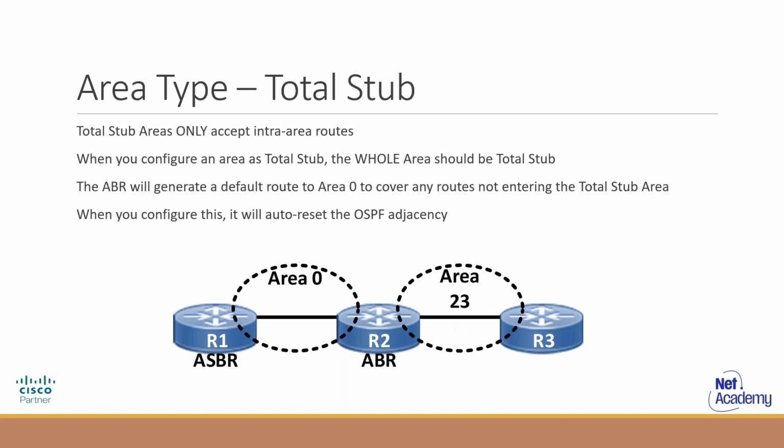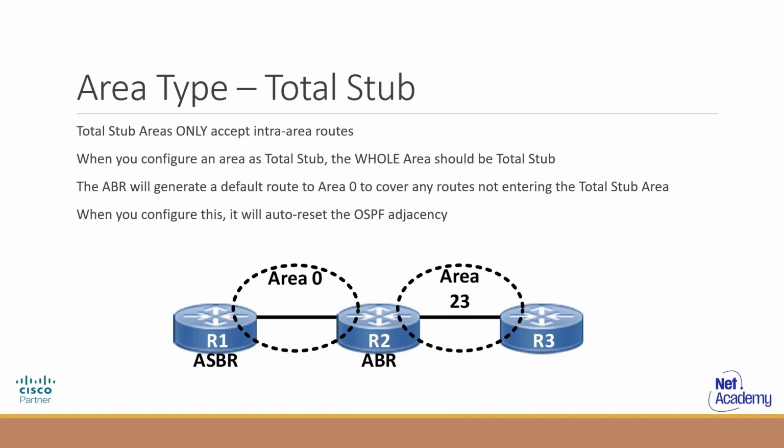Let's talk about a total stub. Total stub only accepts intra-area routes, right? So it doesn't accept external routes. It also doesn't accept inter-area routes.